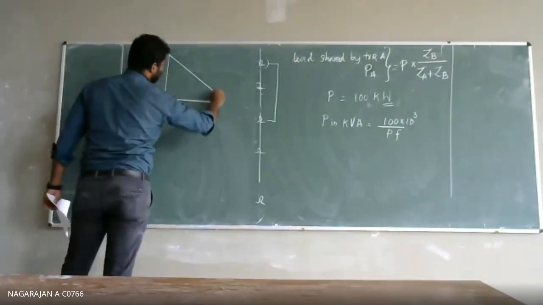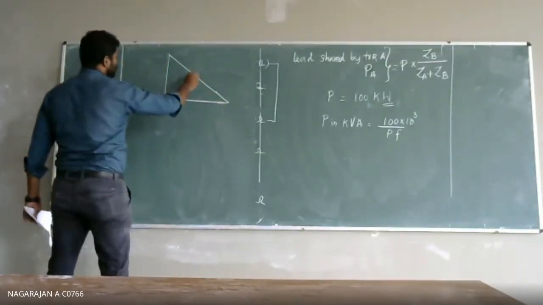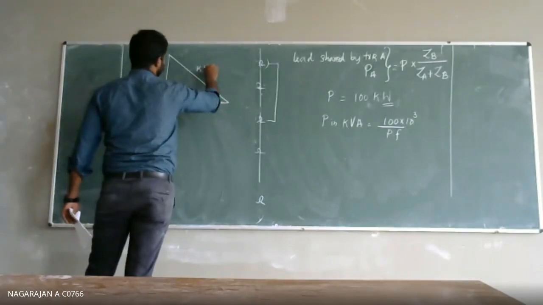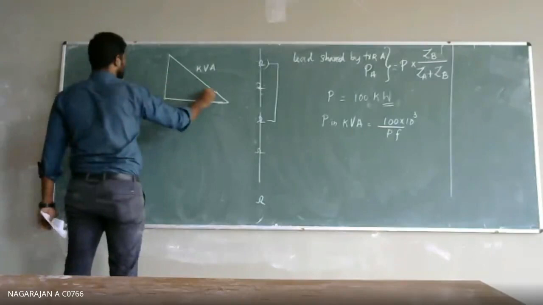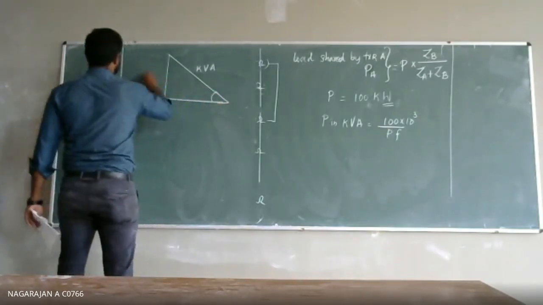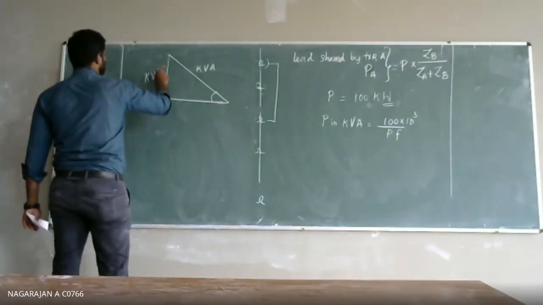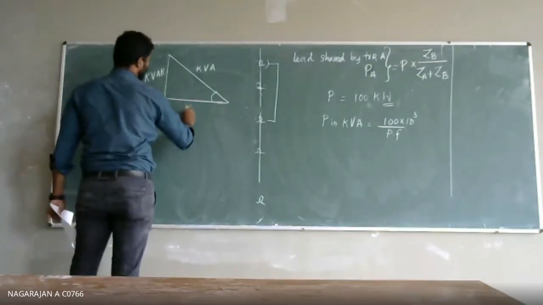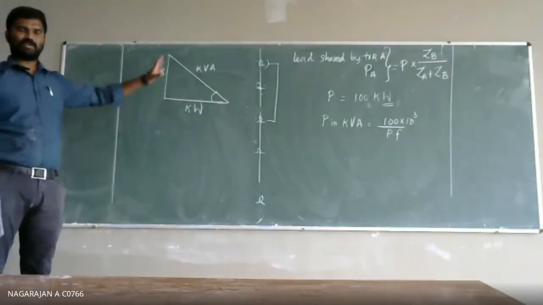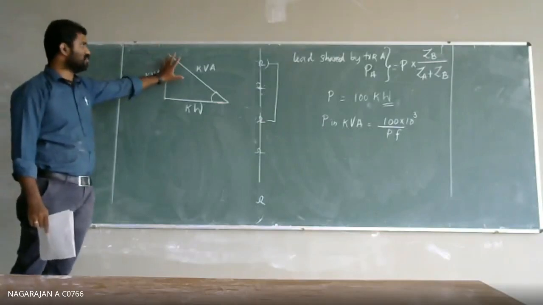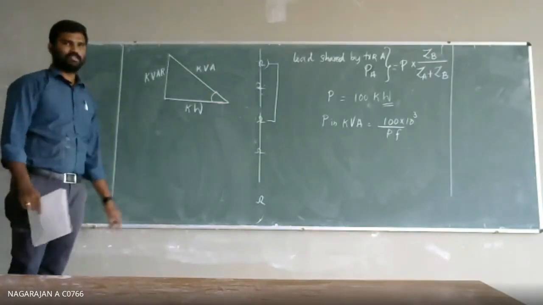A triangle would have been drawn. The hypotenuse will be kVA, the opposite side will be kVAR, and the adjacent side will be kilowatt. This is called the power triangle. From this triangle, we can find the equation.